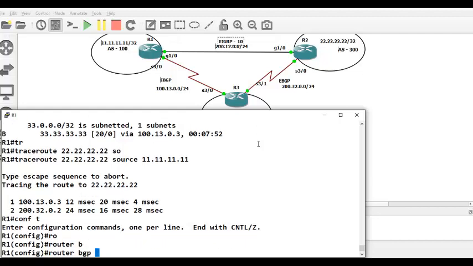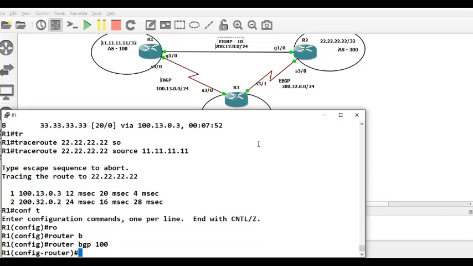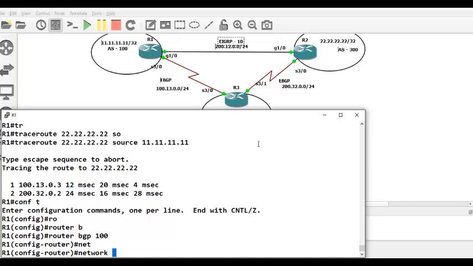Router BGP 100. Network. This is the command, network. See, this network belongs to another autonomous system, but you have to use the network command. Usually the network command we use to advertise our own network.